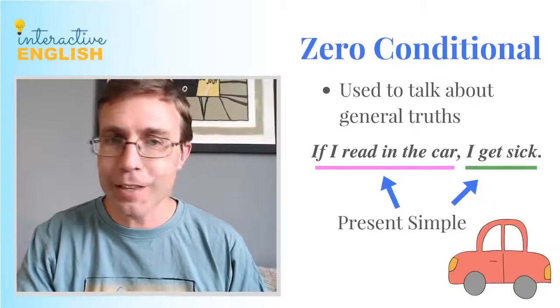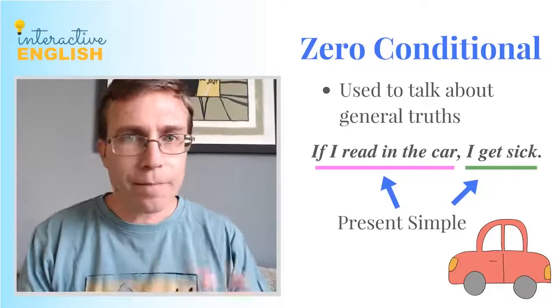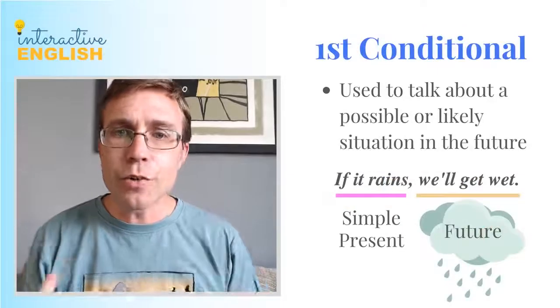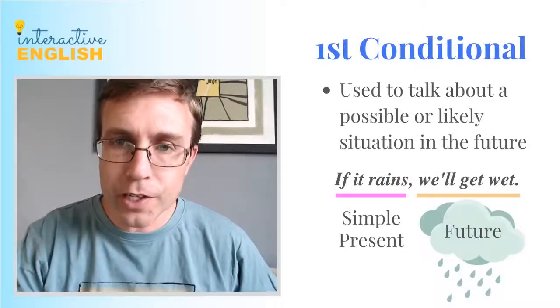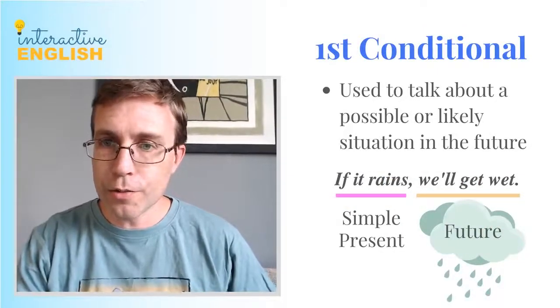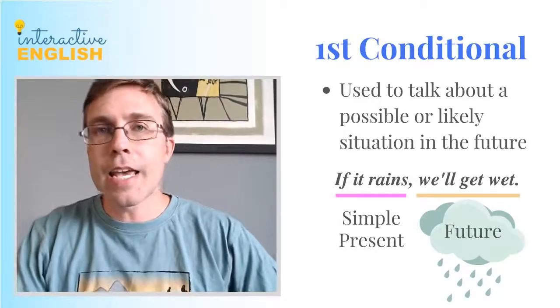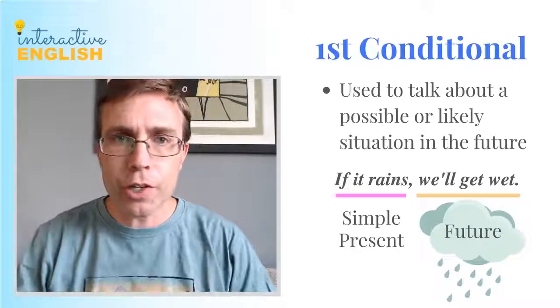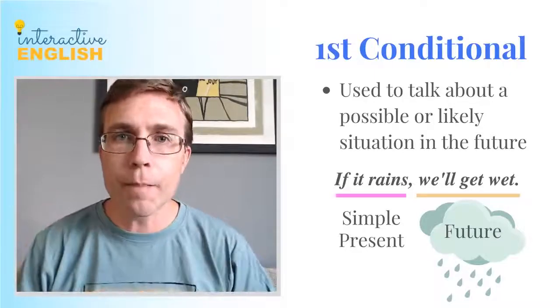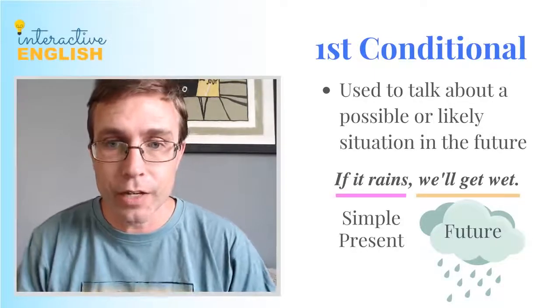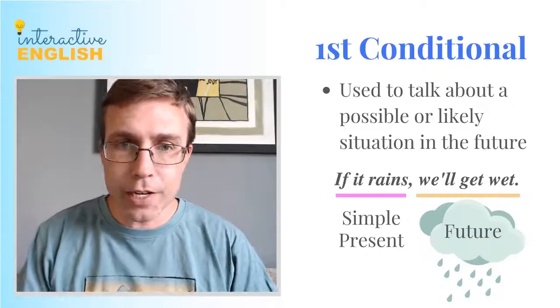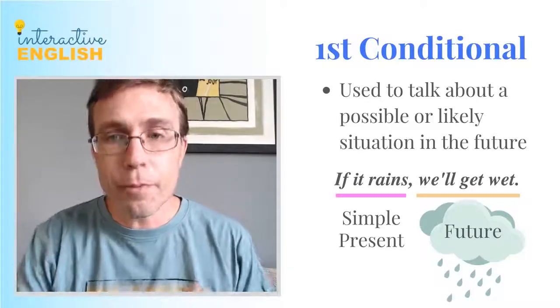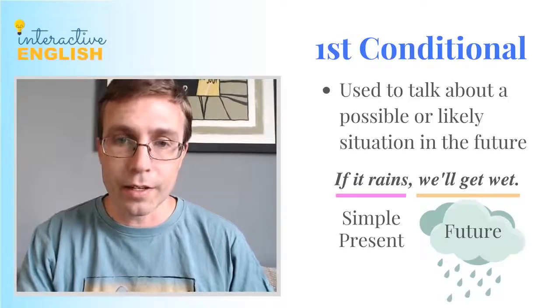Now, let's look at the first conditional. Again, rule-based, I don't think it's going to be too difficult. So we use the first conditional, all right, to talk about a possible or likely situation in the future. So we're talking about the future with the first conditional. And my condition, here's my sentence, if it rains, we'll get wet.